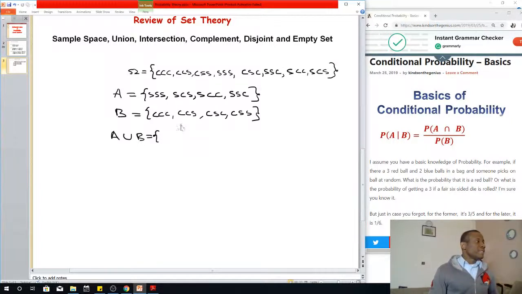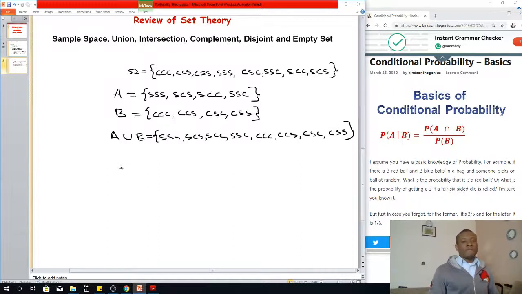So in this case we have SSS, SCS, SCC, SSC, CCC, CCS, CSC, and CSS. So there is the union of A and B.